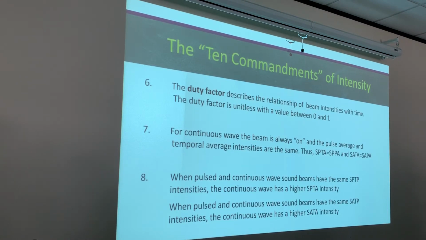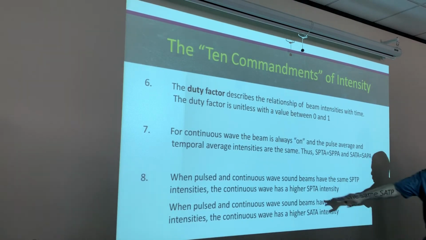When pulse and continuous wave sound beams have the same spatial peak, temporal peak intensities, the continuous wave has a higher spatial peak temporal average. That makes sense, right? Because the continuous wave is always on, the temporal average is going to be higher, and mind you, I'm just taking this last TA.